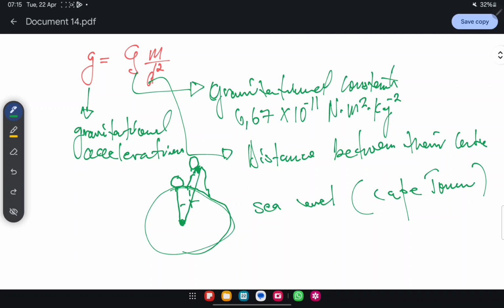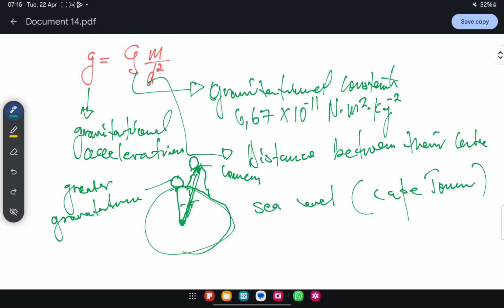So this one will have a greater gravitational acceleration. This one will have a lower one, because the radius here is increasing.